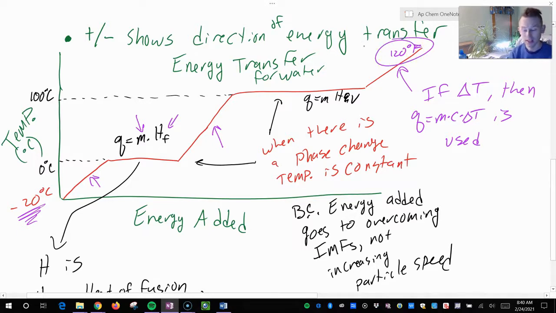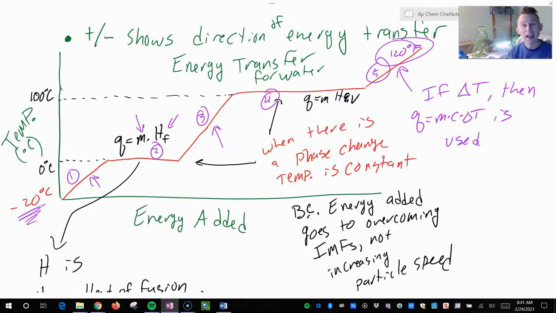If that was the case, you would have to do 1, 2, 3, 4, 5 separate calculations, because for each of those separate parts, you're going to use either Q equals mc delta T, so for parts 1, 3, and 5, you'd use that equation. But then the C values would be different, because the C values are different at different phases and for different substances. And for parts 2 and 4, you'd use the Q equals MH equation, where the HF is going to be different because the heat of fusion is always going to be smaller than the heat of vaporization.